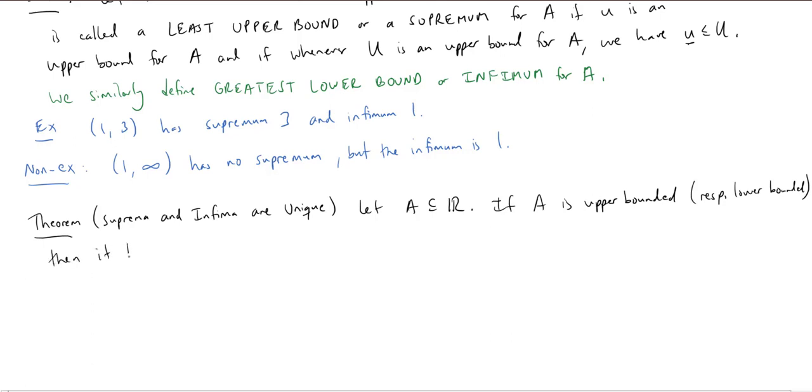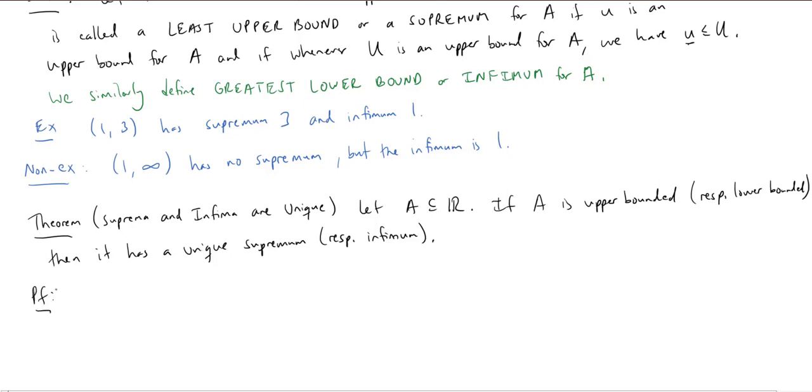Then it has a unique supremum, respectively infimum. Okay, so you cannot have two different numbers that you say, okay, both of these are least upper bounds for the set. So if I talk about the supremum and you find the supremum, we're talking about the same number. Okay, so let's do a proof of that.